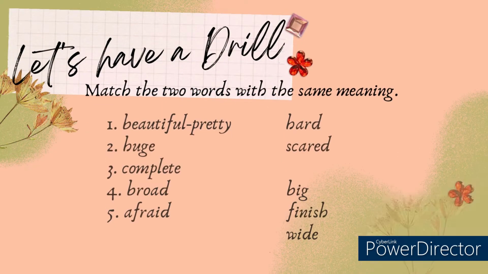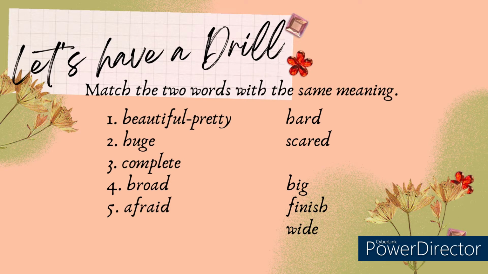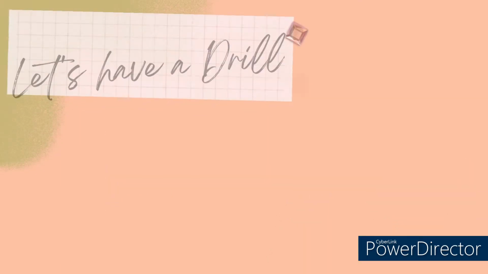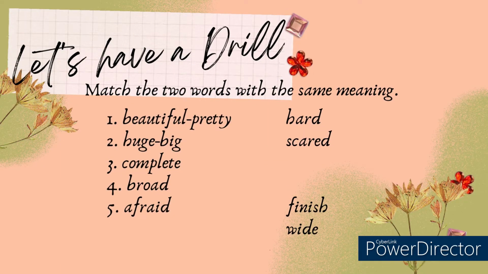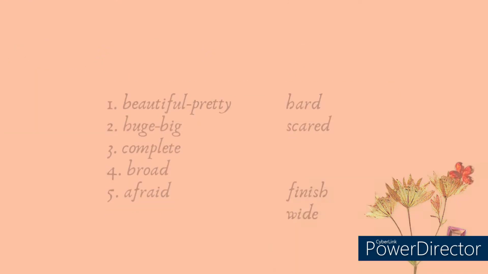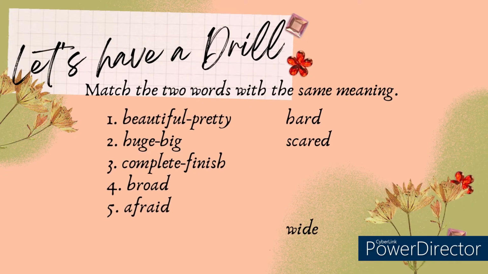Number 1, beautiful. The correct answer is pretty. Beautiful, pretty. Number 2, huge. The correct answer is big. Huge, big. Number 3, complete. The correct answer is finished.